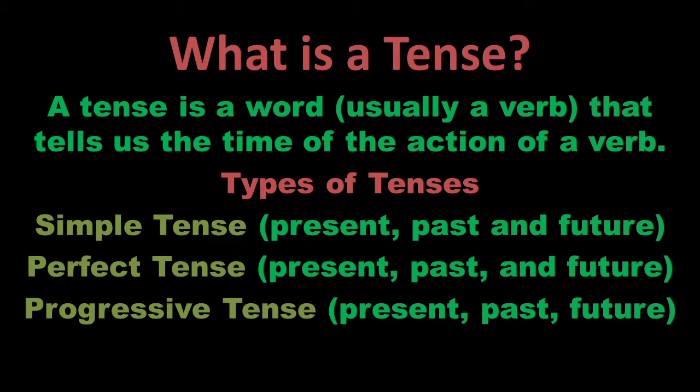Then we talked about verb tenses. Remember, a tense is a word, usually a verb, that tells us the time of the action of a verb. And the types of tenses we did talk about are the simple tenses, the perfect tenses, and the progressive tenses.